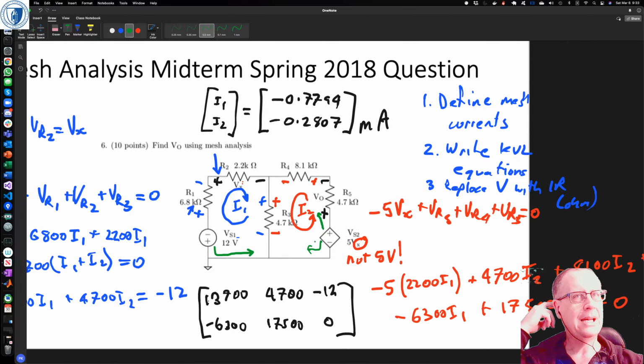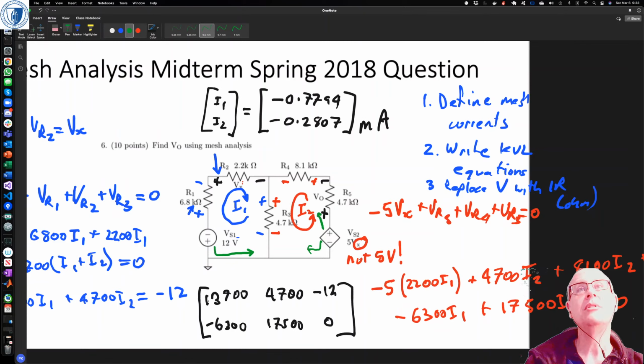So you've got to be really careful with what your intuition tells you about current flow direction. The reason it's not flowing in the green direction that I wrote before is because this source is probably overpowering it in terms of where the current is flowing. So you're probably not going to get what you think in terms of current direction. Okay, so that gives us one answer.